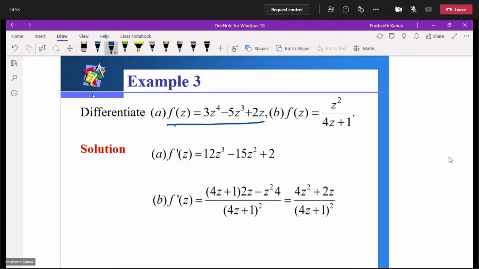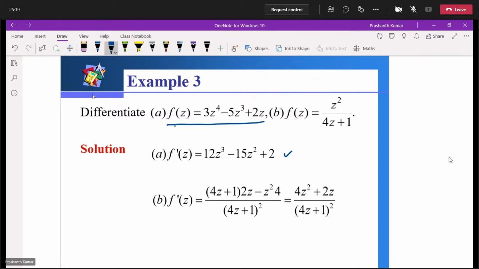So f dash z is equal to 12 z cube minus 15 z square plus 2z derivative is 2. So this is the answer.